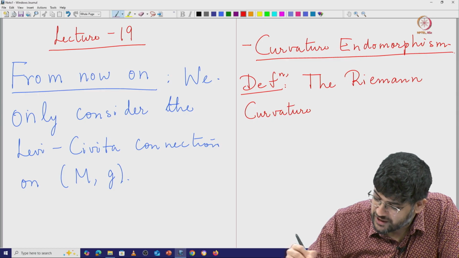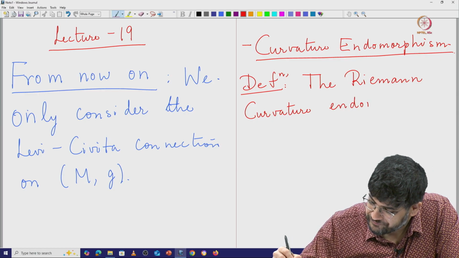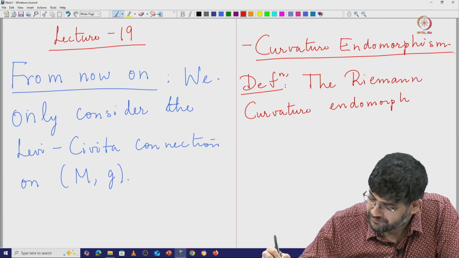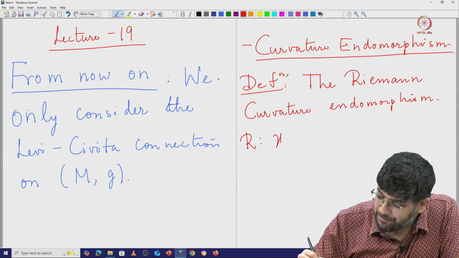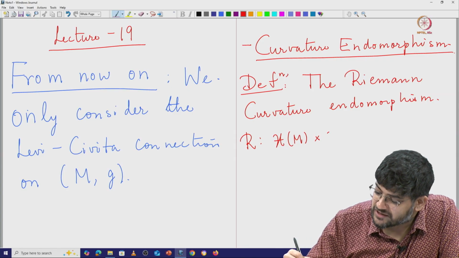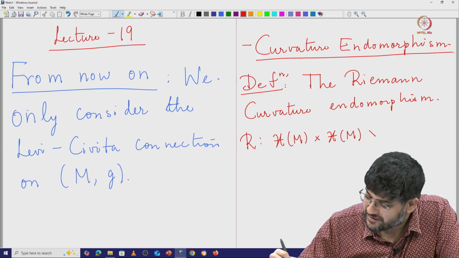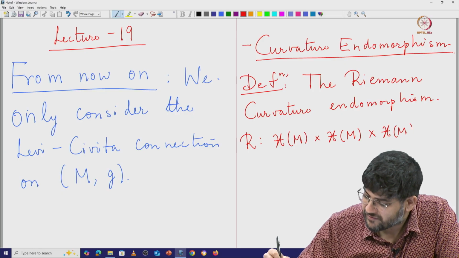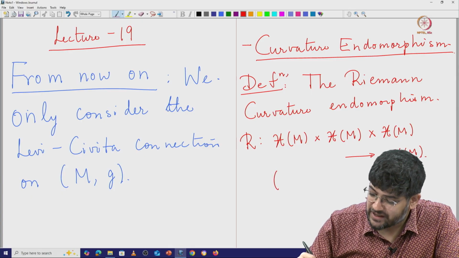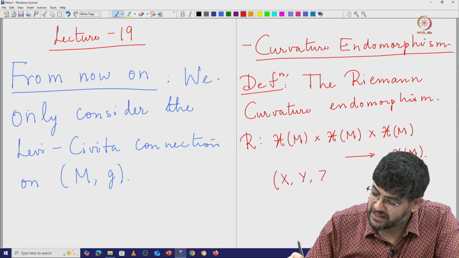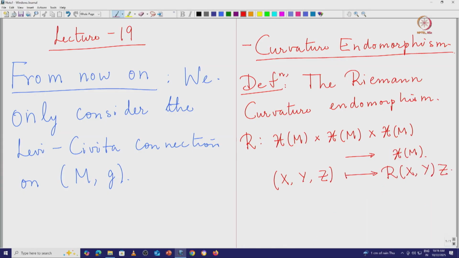The Riemann curvature endomorphism, which will be denoted by R. So it's a map that takes in three vector fields, and spits out another vector field. So symbolically we will write it in the following way. It will take in X, Y, Z, and the result we will denote by R of X, Y acting on Z.